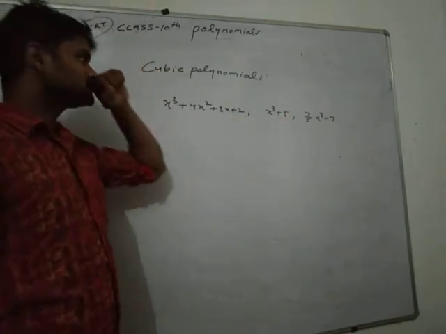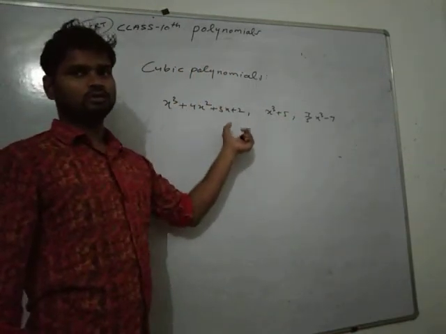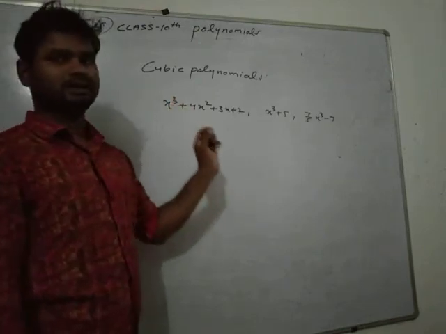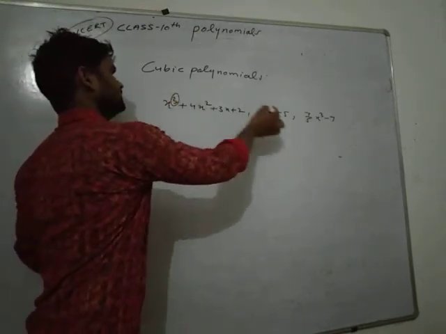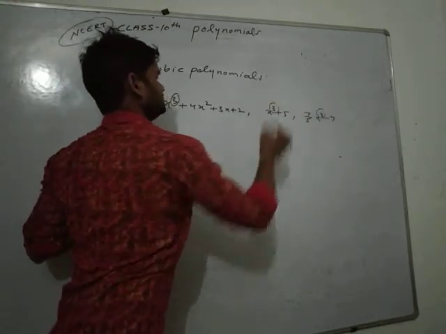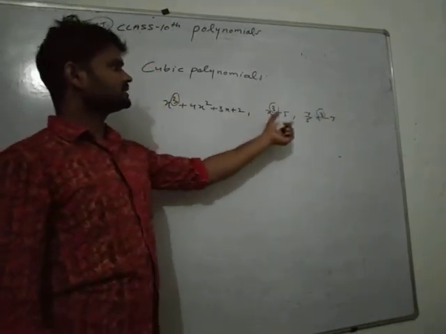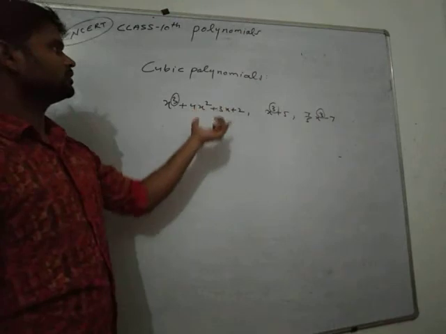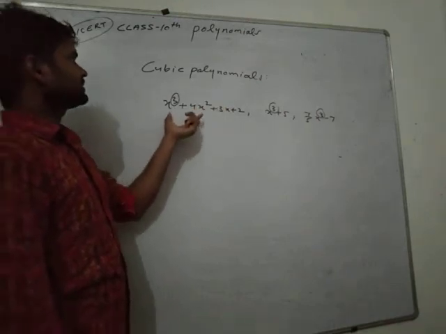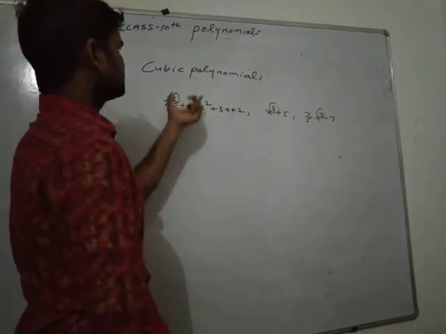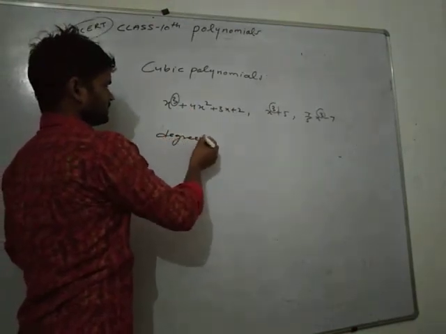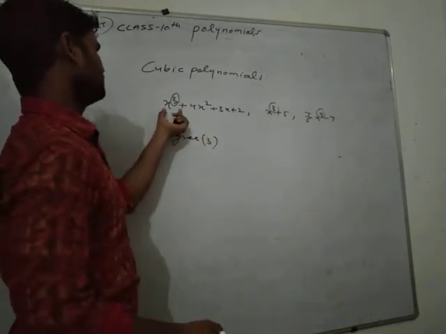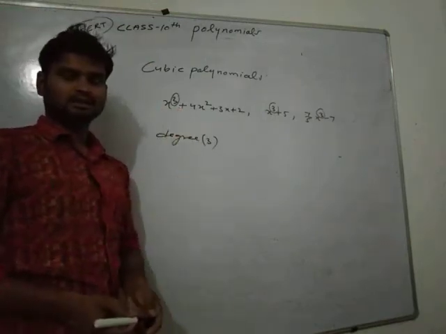These are cubic polynomials because the maximum power of x is 3. The degree of cubic polynomial is 3. Clear, student?